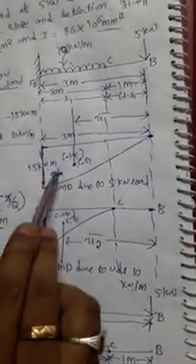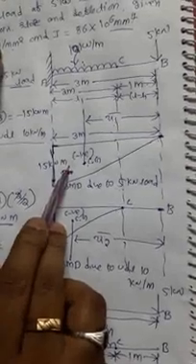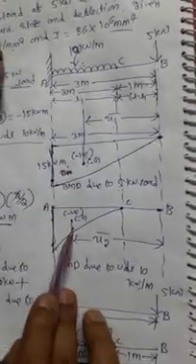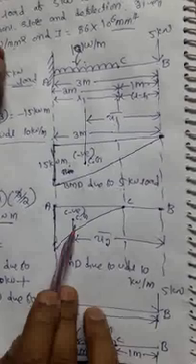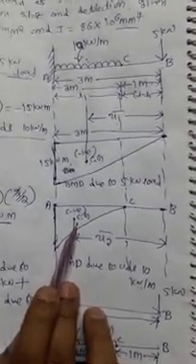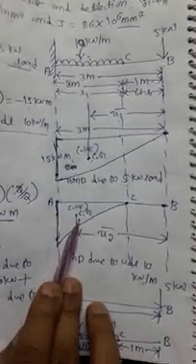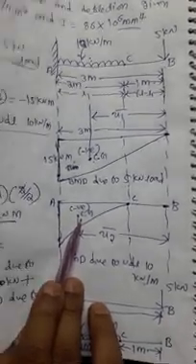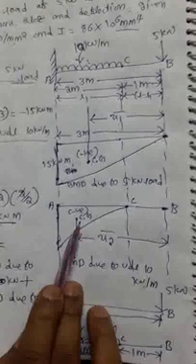This looks like a triangle, so the triangle area formula is half into B into H. This looks like a parabolic curve, so the parabolic curve area formula is 1 by 3 into base into height.